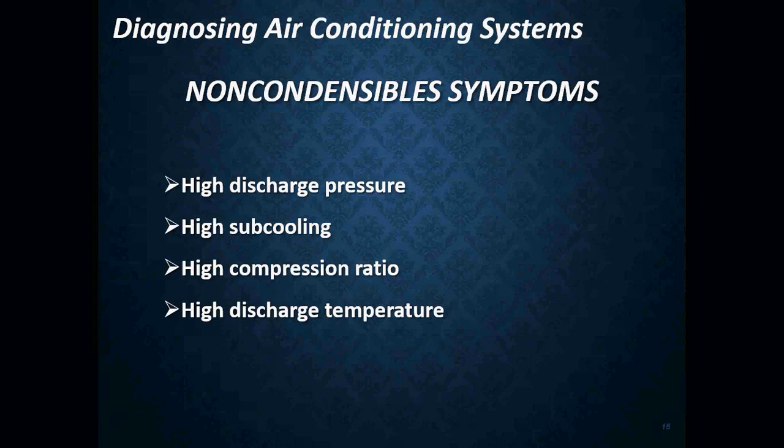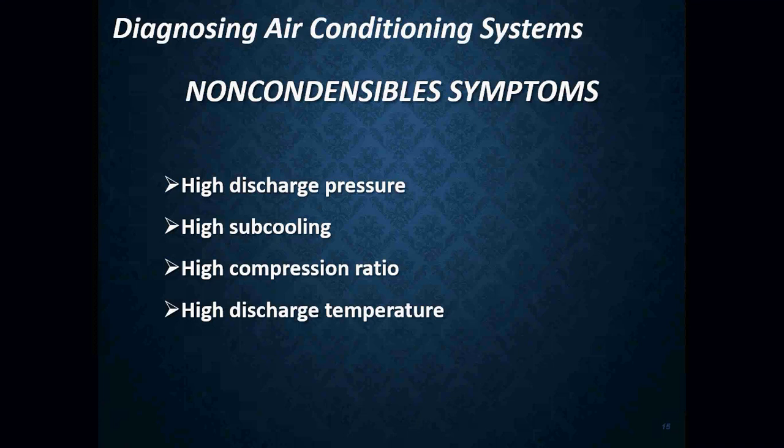When we have non-condensables in a system, non-condensables usually enter a system through poor service practices or leaks. Okay, non-condensables can be air or water vapor inside the system, and if we have non-condensables in there, they will take up valuable condenser surface area and cause high head pressures. Okay?